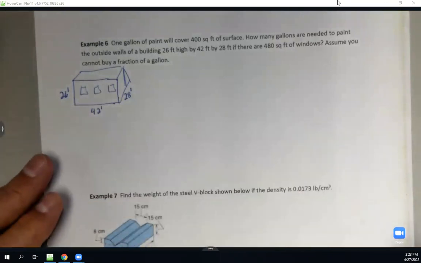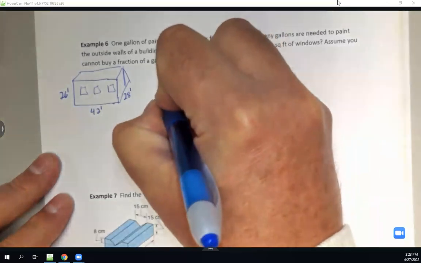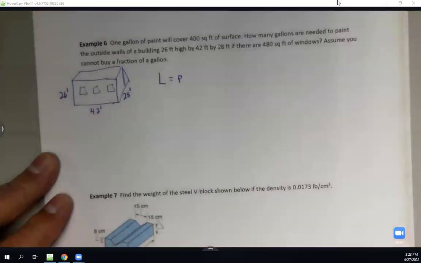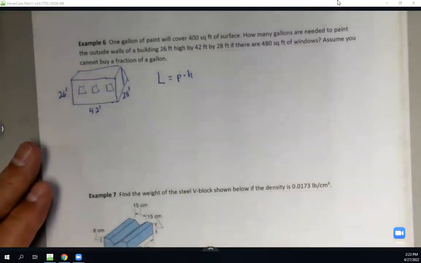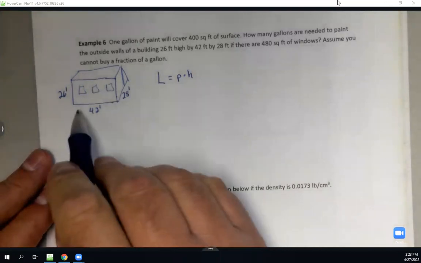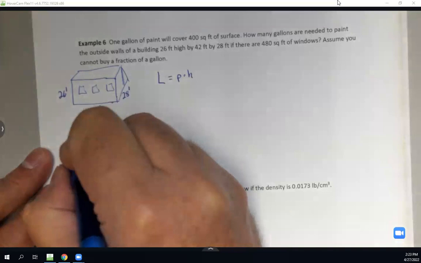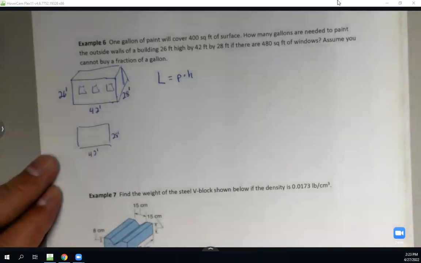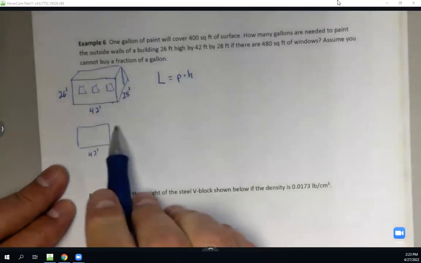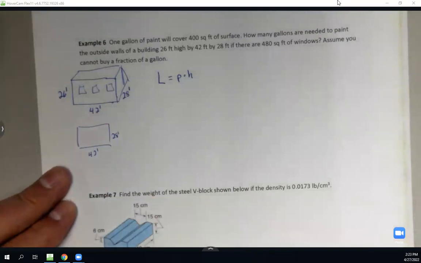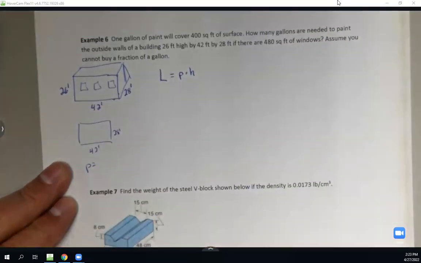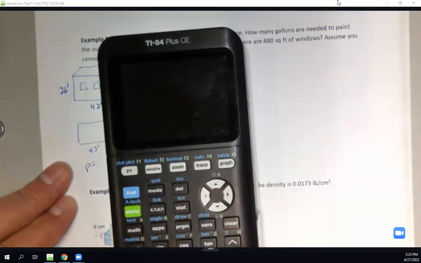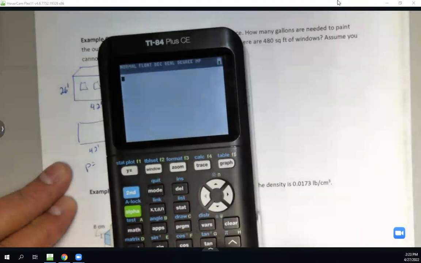Okay. So you remember how to find the lateral surface area? The lateral surface area is equal to the perimeter of the base times the altitude or the height. Is that okay? Now the perimeter of our base, well, the base is going to be this rectangle that's 42 feet by 28 feet. So the perimeter is going to be 42 plus 28 plus 42 plus 28. Does that make sense? So P is equal to 42 plus 28 plus 42 plus 28.